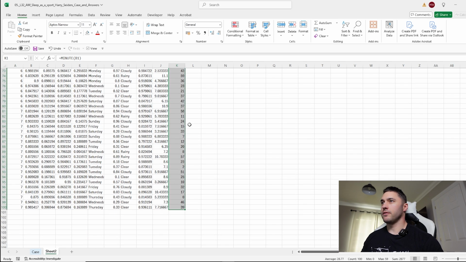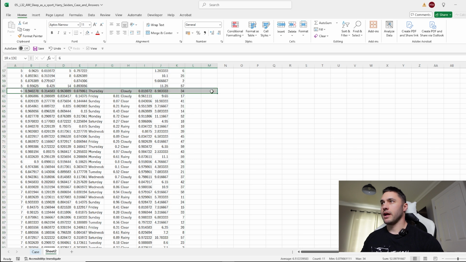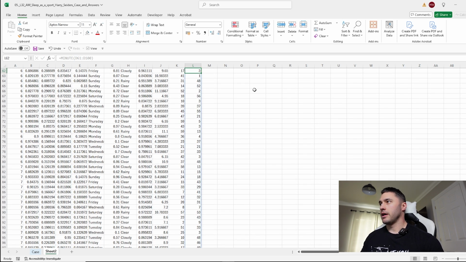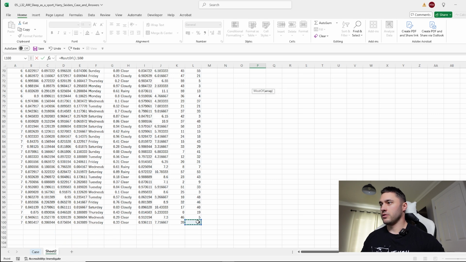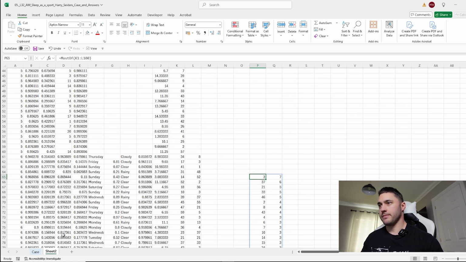And then for level 6 is where Chrissy comes in, and her sleep time is here. So again, let's just do equals minute of this, and then we can use our most of lambda to find out what the most common minute is, and it's 3.